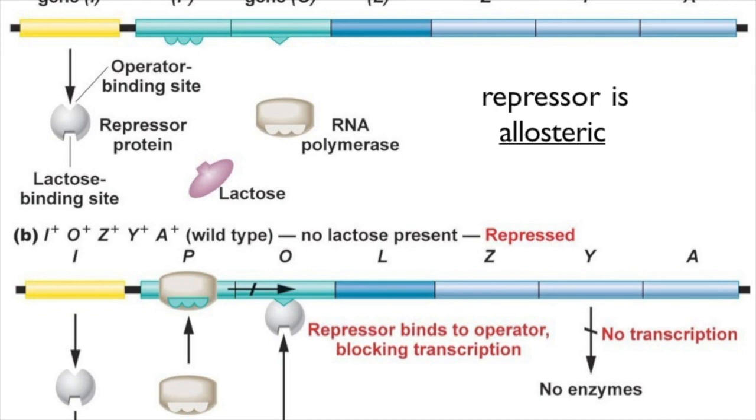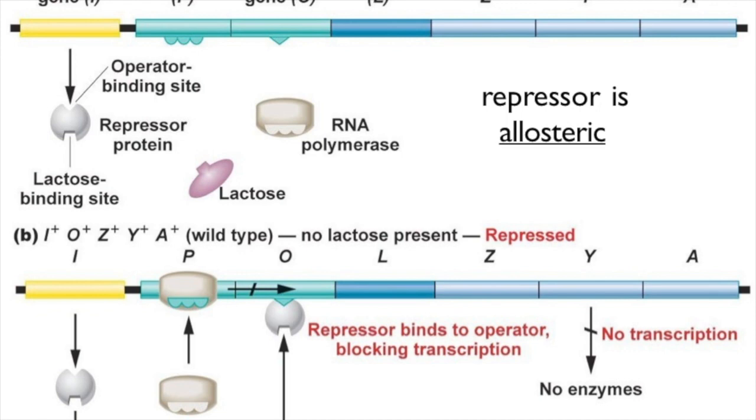And it may start moving down and preparing to transcribe, but when it hits the operator that's locked up with that repressor protein, it can go no further. This repressor protein is a physical roadblock on the DNA that prevents the RNA polymerase from sliding down and transcribing the structural genes, okay? So this is a system where everything is functioning as it should, a wild type for every locus, and there is no lactose present in the system.